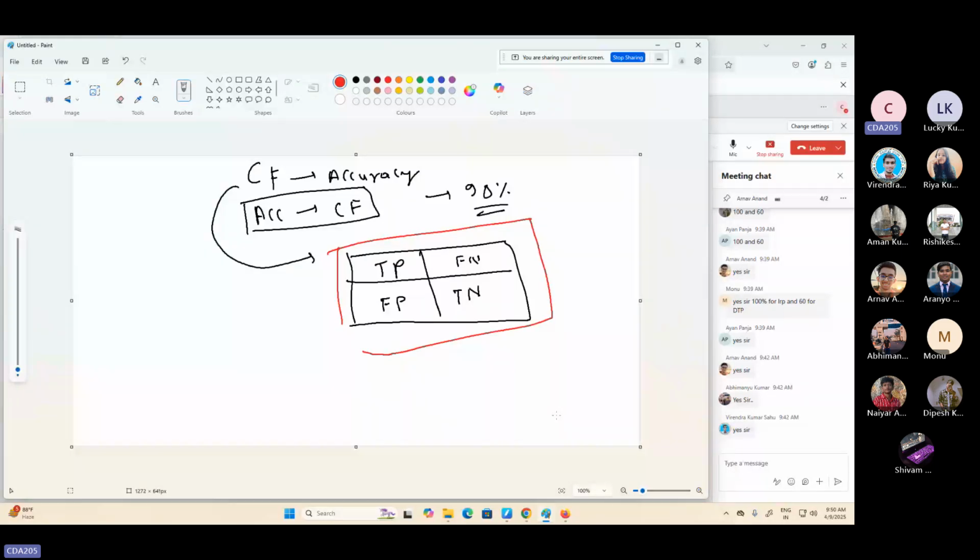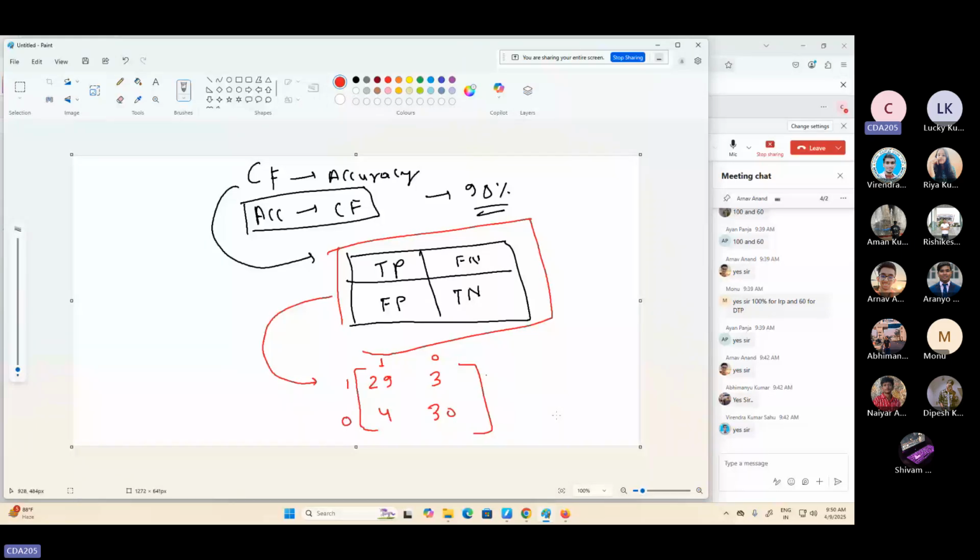Okay, now how to calculate this one? When we see the structure of this in the coding, it will be like a square matrix: 29, 3, 4 and 30, with labels 1, 0, 1, 0.